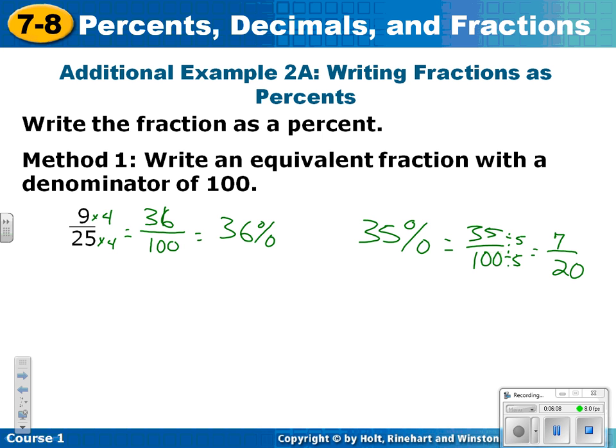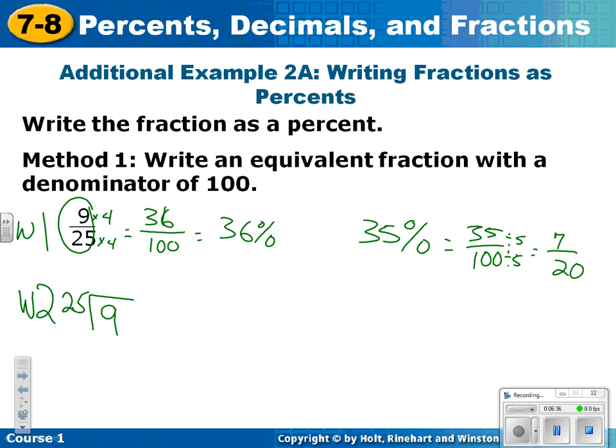That's way number 1. Way number 2 works every single time. What is this? It's a division problem, isn't it? 9 over 25 is 9 divided by 25.